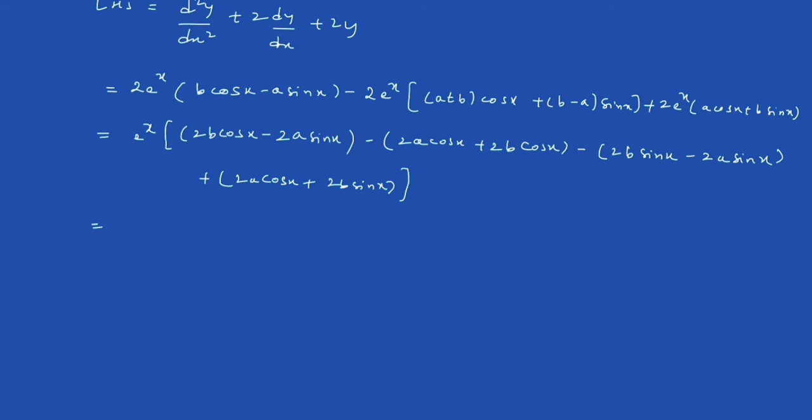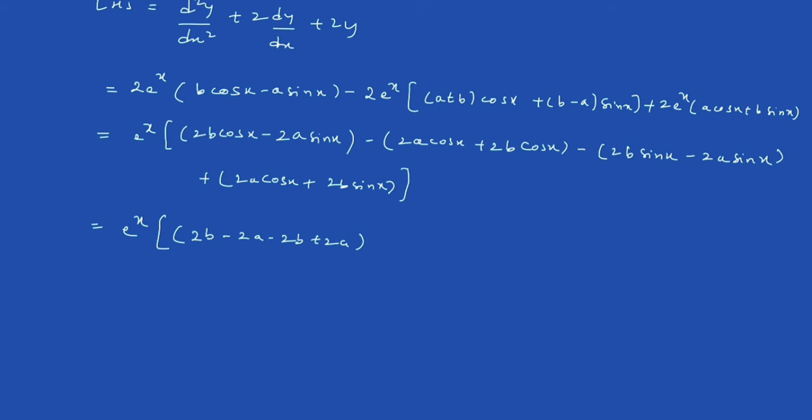Next, which terms here get cancelled? Reshuffle. Let's see, e to the power of x as it is. So we can write it here by taking cos x and sin x common, right? So in all the terms we will take cos x common. Inside, what we get here? 2b in the first term minus 2a minus 2b plus 2a, right?